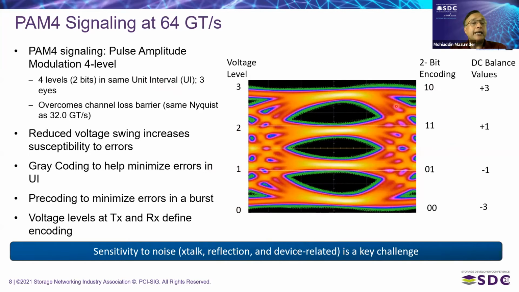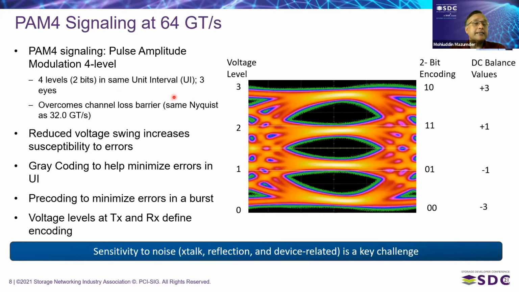And what that does is, instead of binary signaling that we have used so far, where each of these UI would be representing either state 0 or 1, here we are putting 2 bits, so we can keep the same UI and the same Nyquist frequency as 32 gigatransfer per second.